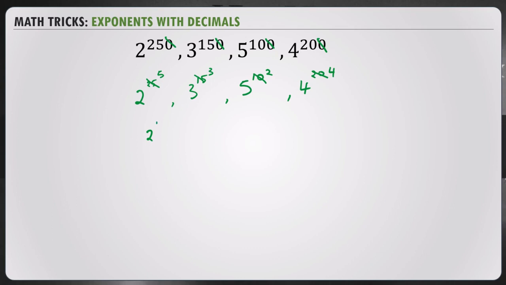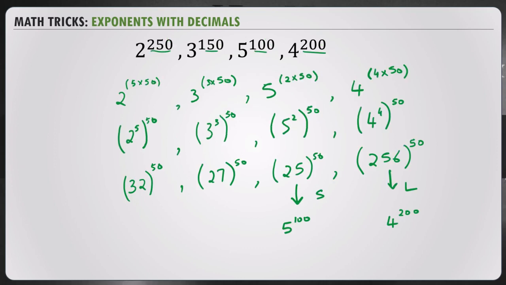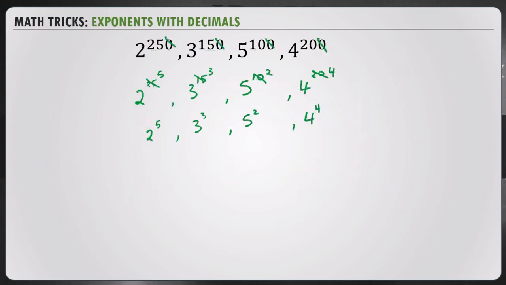We are left with 2 to the power of 5, 3 to the power of 3, 5 to the power of 2 and 4 to the power of 4, similar to what we did in the previous method. So 2 to the power of 5 is 32, 3 to the power of 3 is 27, 5 squared is 25 and 4 to the power of 4 is 256. We got the same answers. This is the smallest and this is the largest. We got the same answer but using a different technique.